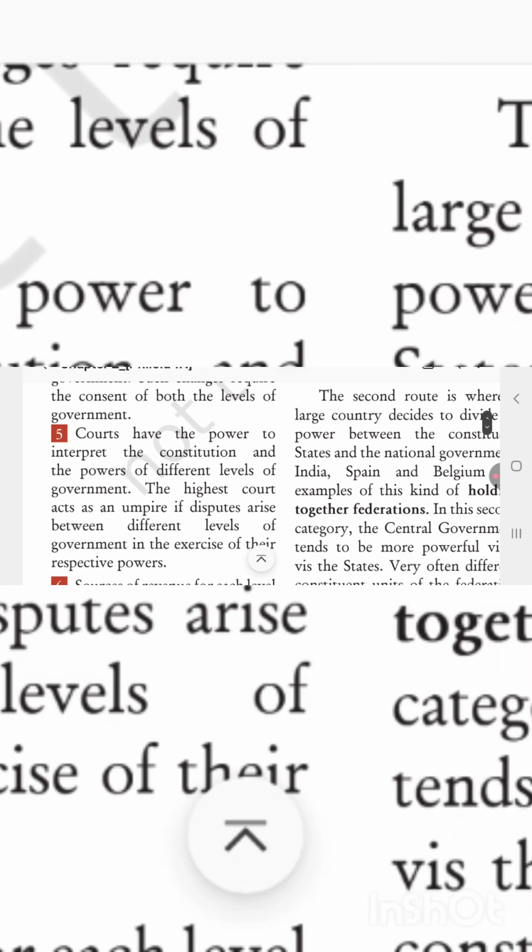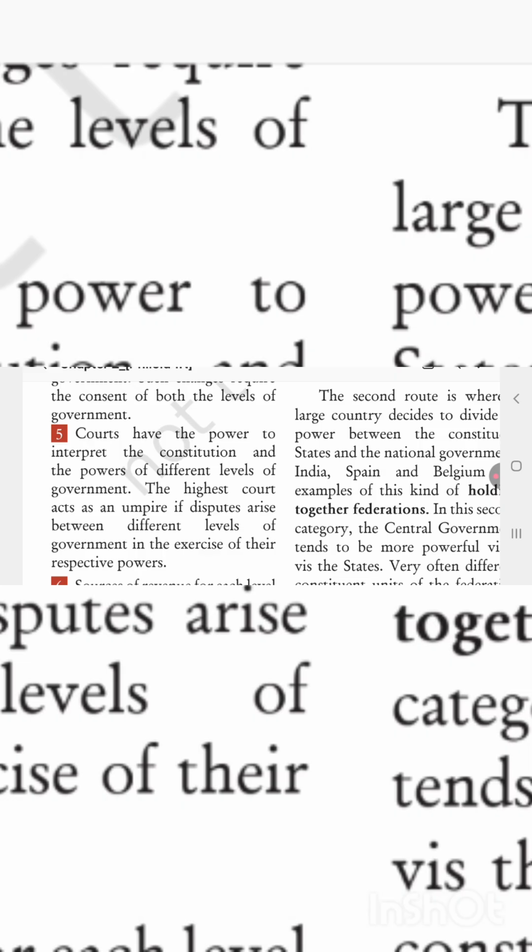Then the fifth point over here is that courts have the power to interpret the constitution and the powers of different levels of the government. Courts, meaning here the judiciary, have the power to interpret the constitution. Everybody knows that the judiciary is the interpreter of our constitution, also the guardian of our constitution, and it has been given a special power that is called judicial review.